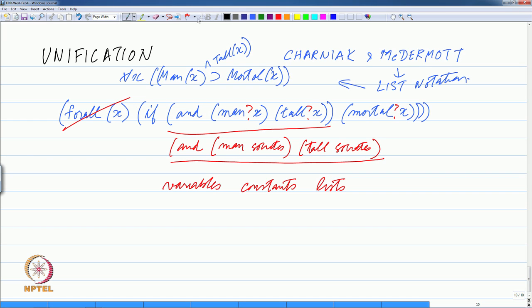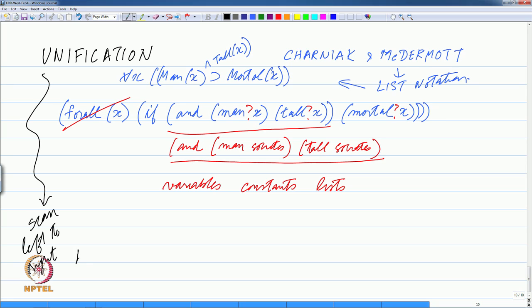The basic idea behind the algorithm is to scan left to right the two formulas or the two expressions that are given to us, trying to unify them piecewise in a recursive manner essentially.